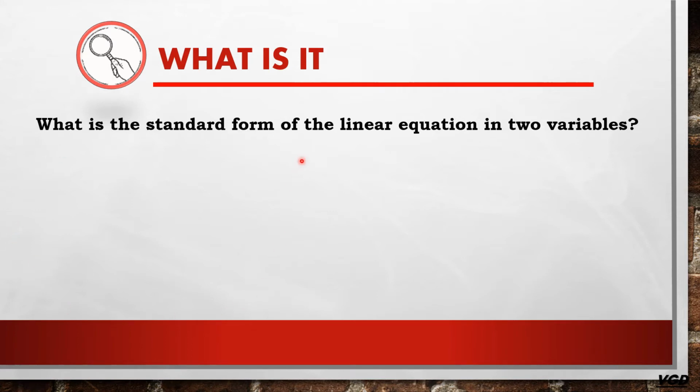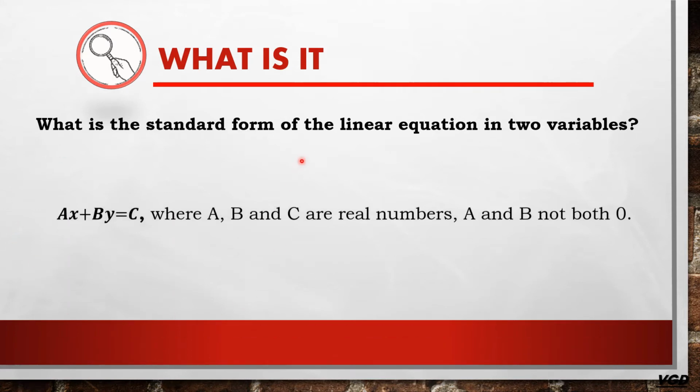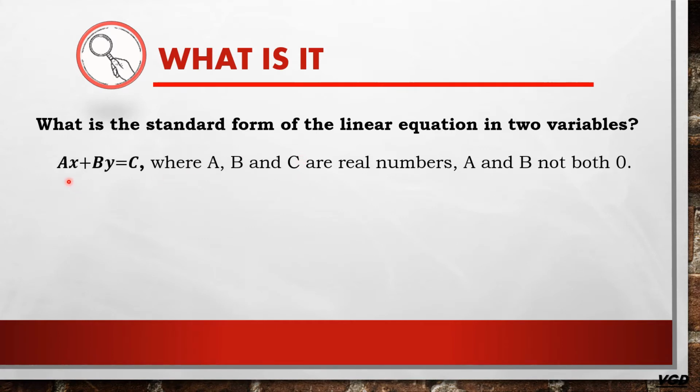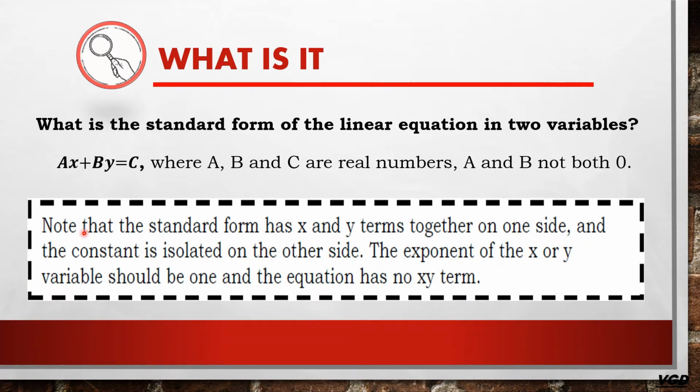So what is the standard form of the linear equation in two variables? The standard form is, take note, ax plus by equals c, where a, b, and c are real numbers and a and b are not both equal to 0. Just take note that the standard form has x and y terms together on one side. It means the x and y terms are together either on the left side or on the right side, and the constant is isolated on the other side.